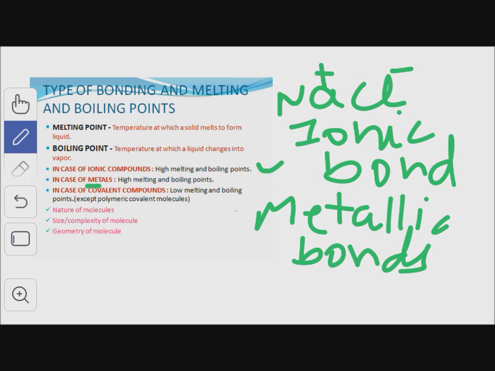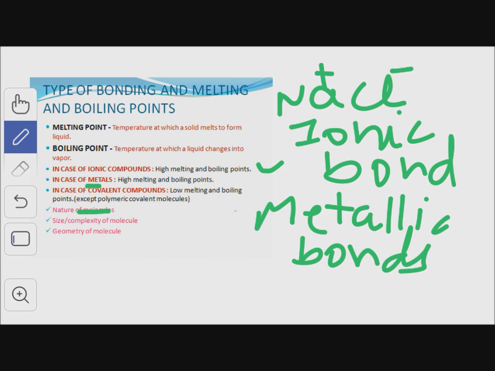Next, in case of covalent compounds, they show low melting and boiling points because covalent bonds are weaker than ionic bonds as well as metallic bonds, except in polymeric covalent molecules.